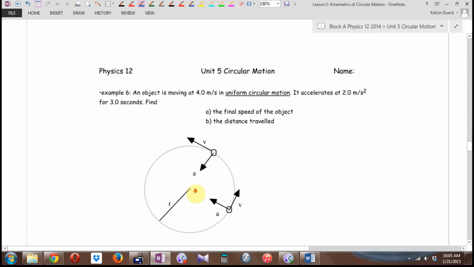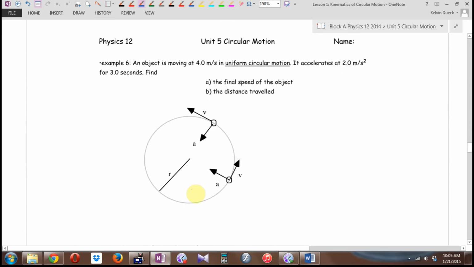So, example 6. This is where circular motion gets a little weird. An object is moving at 4 meters per second in, what did I underline, Ryan? That's important.